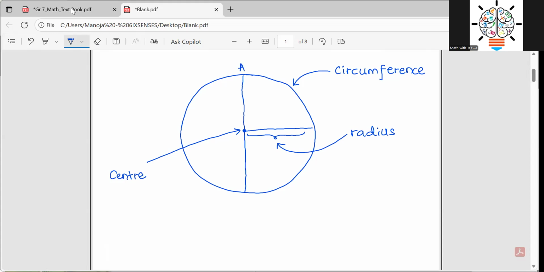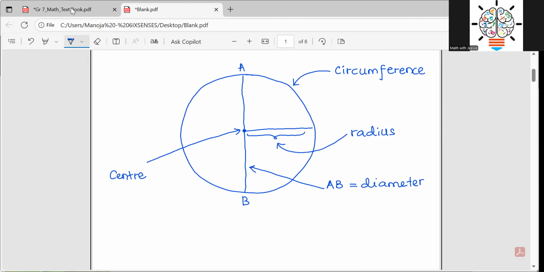But if I draw the line across the center from A to B, it can be anywhere on the circumference. You start from anywhere on the circumference and go to another point on the circumference through the center. That length AB we call the diameter.